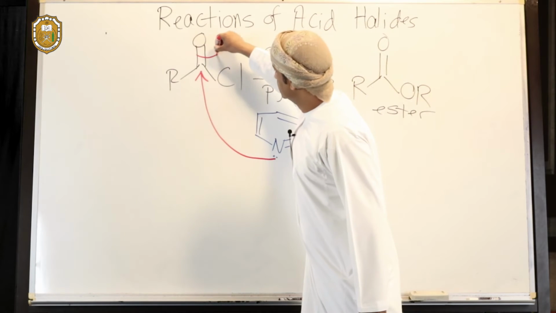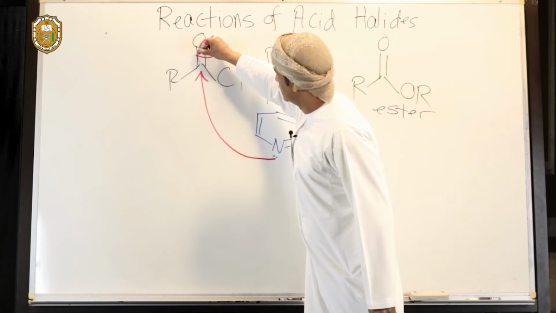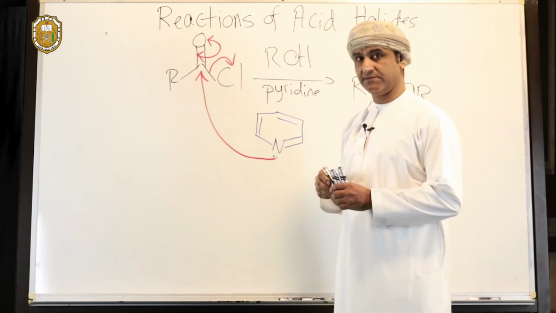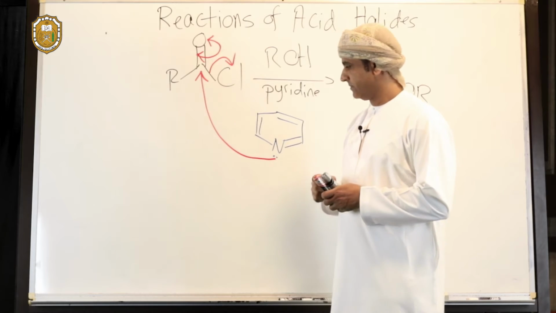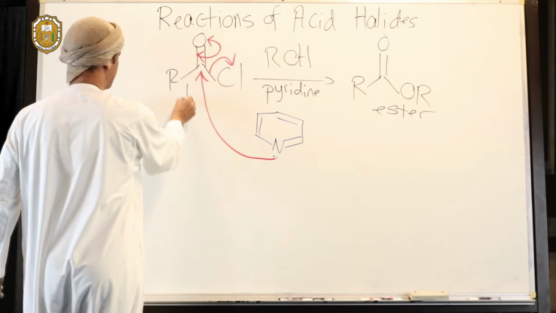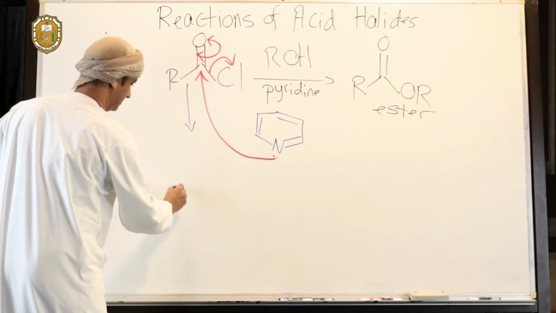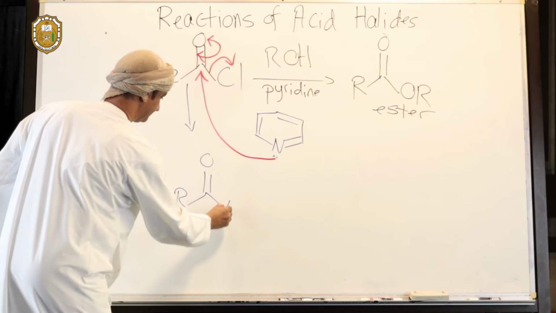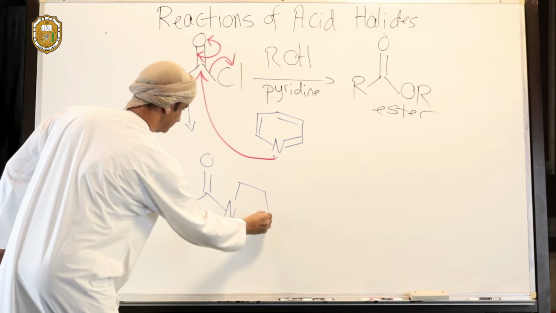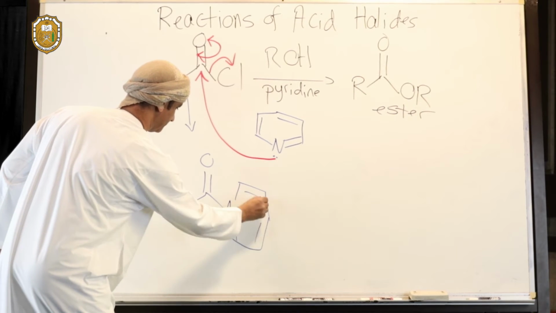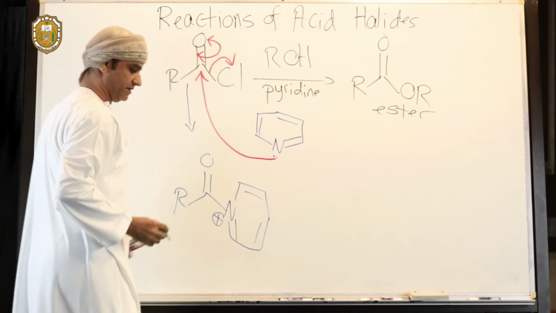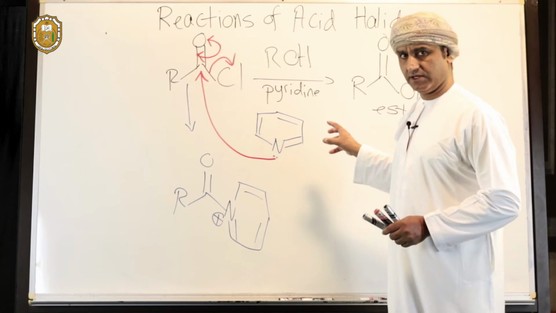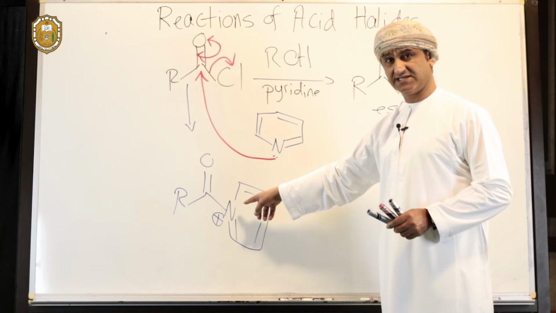So nitrogen attacks the carbon of the carbonyl group of the acid chloride. This double bond is broken, it's reformed, and the C-Cl bond is simultaneously broken. The intermediate that's obtained is this one, where the nitrogen of pyridine has a positive charge.